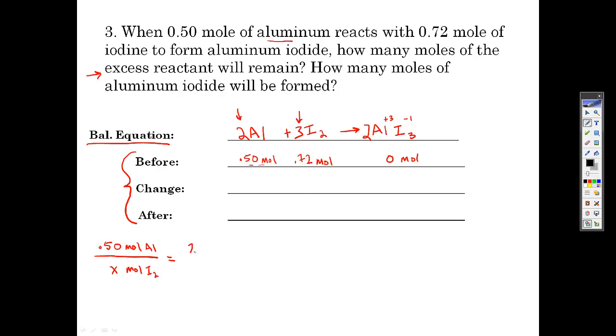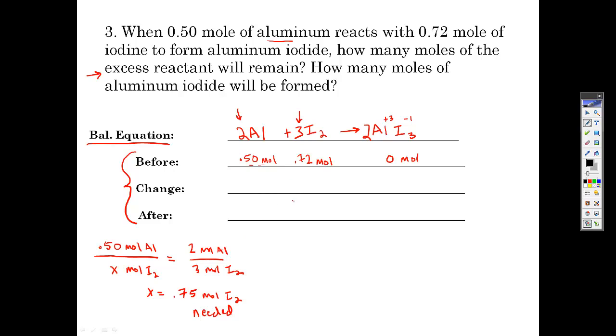For every 2 moles of aluminum, I'm going to need 3 moles of iodine. If I work out the math and figure out what X is, I'm going to need 0.75 moles of I2 to react with 0.50 moles of Al.